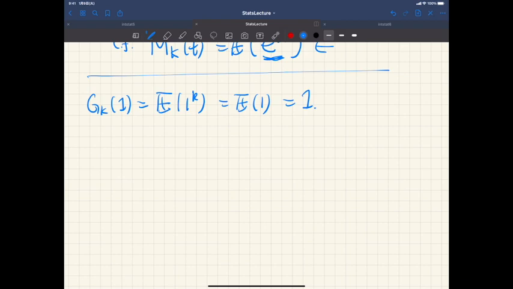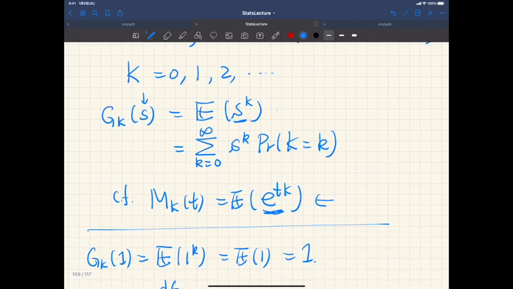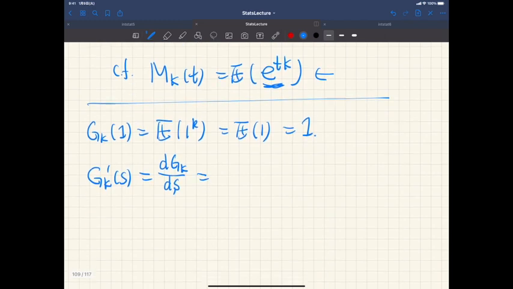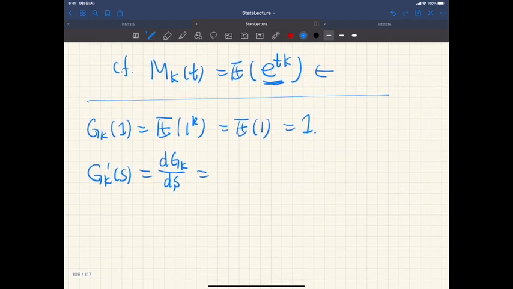Now let's differentiate this function once with respect to s. So that is this. If you look at this definition, the only place where you have s is this. So just try differentiating the definition.